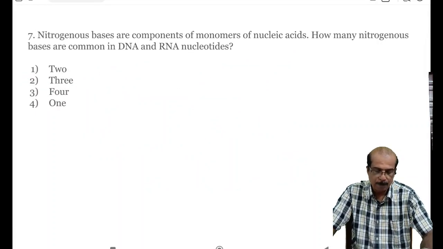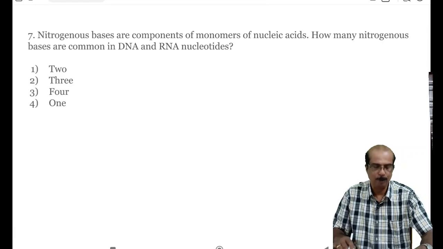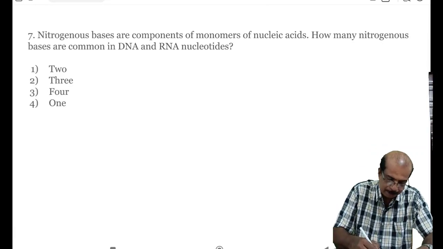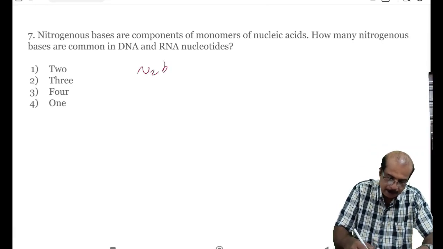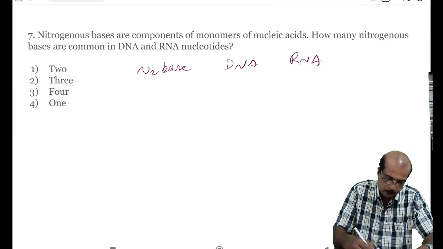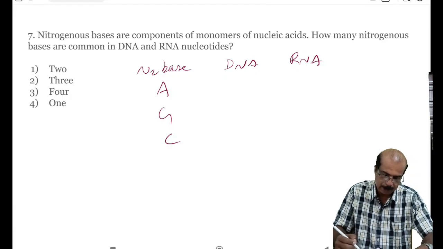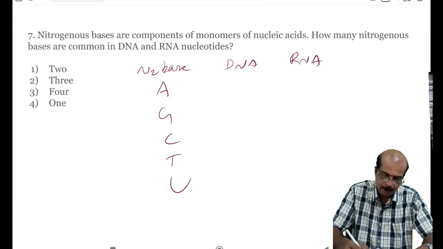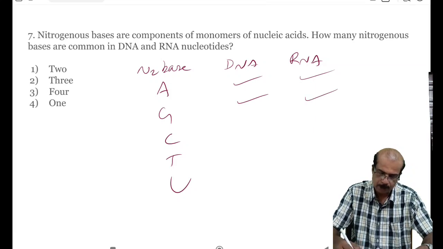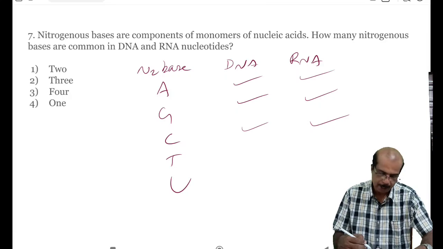Nitrogenous bases are components of monomers of nucleic acids. How many nitrogenous bases are common in DNA and RNA nucleotides? Here, nitrogen bases in DNA and RNA: adenine, guanine, cytosine, thymine, uracil. Adenine is present in DNA and also in RNA. Guanine, cytosine: the first three nitrogen bases are present both in DNA and RNA.